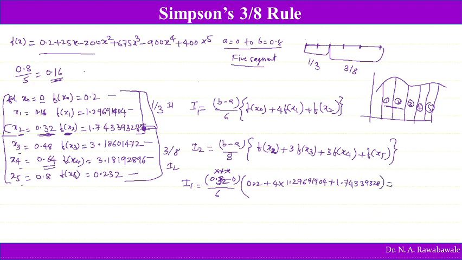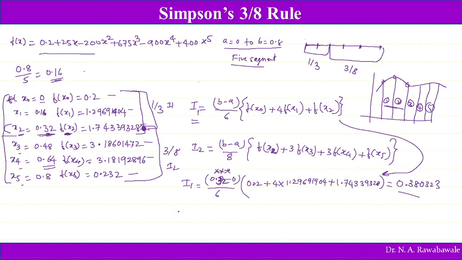On simplification, I1 is 0.38023, the integral for the first two segments, or 3 points.